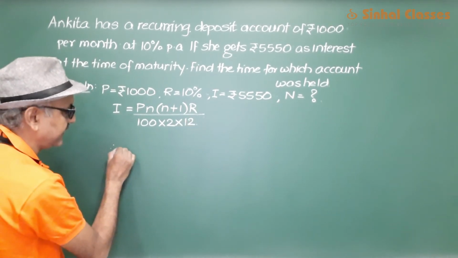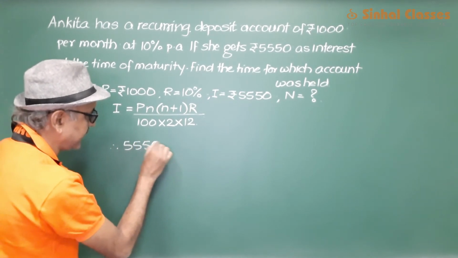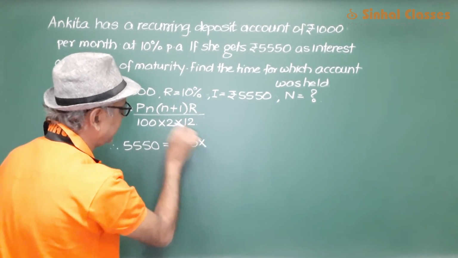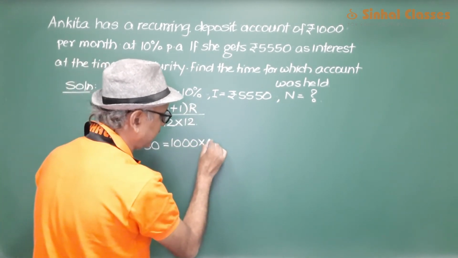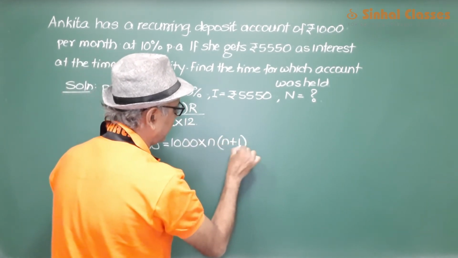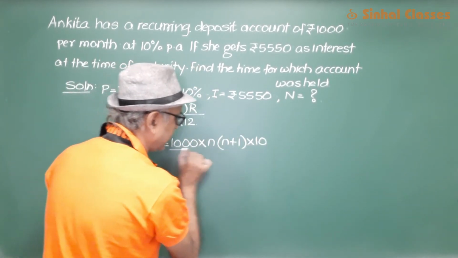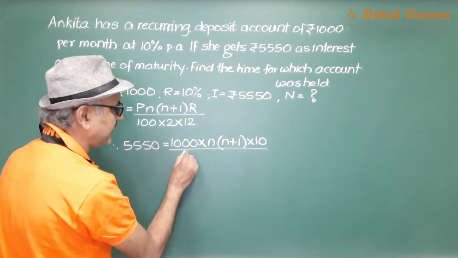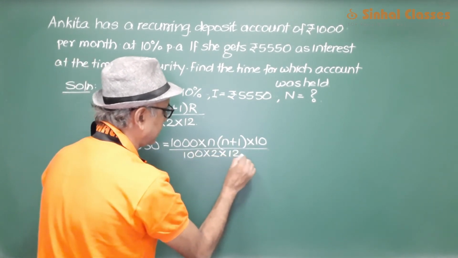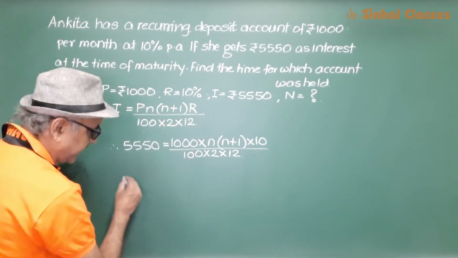So I is 5550, P is 1000, N we don't know, again N we don't know, R which is 10% upon 100 into 2 into 12. Now let us start with this calculation part.